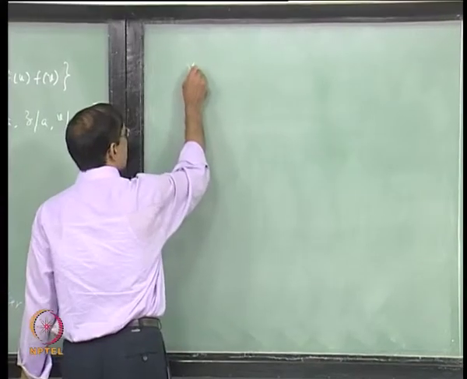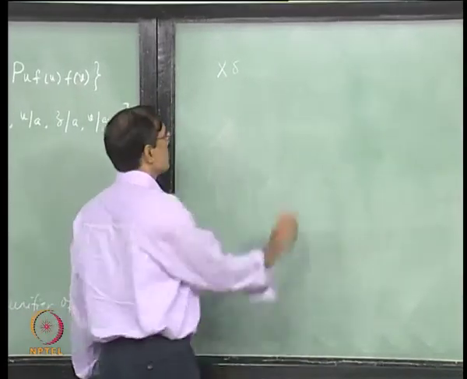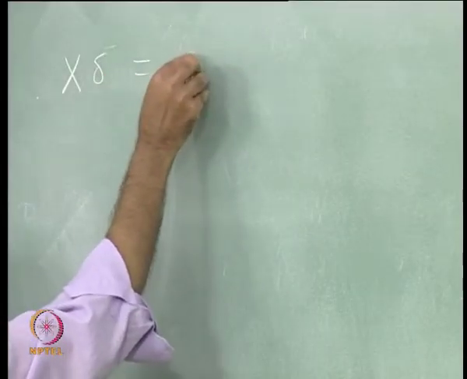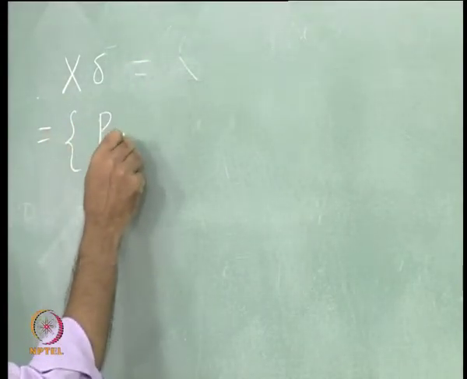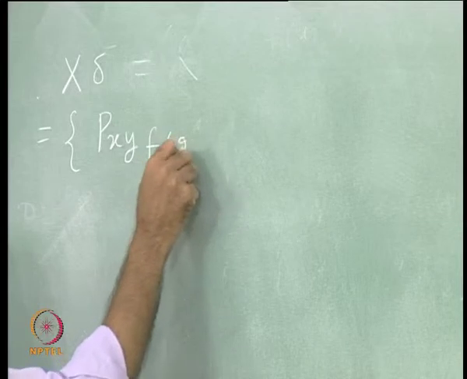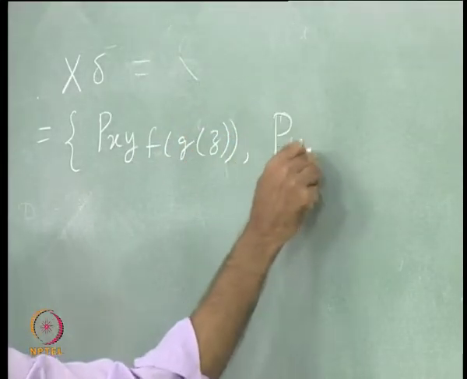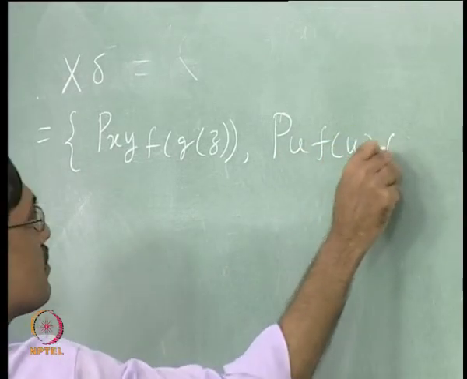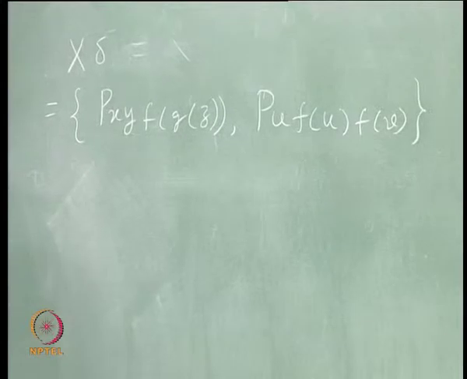What about delta? Let us write the set equal to P x y f of g of z, P u f of u f of v. Now, on a set directly we are applying the substitutions.